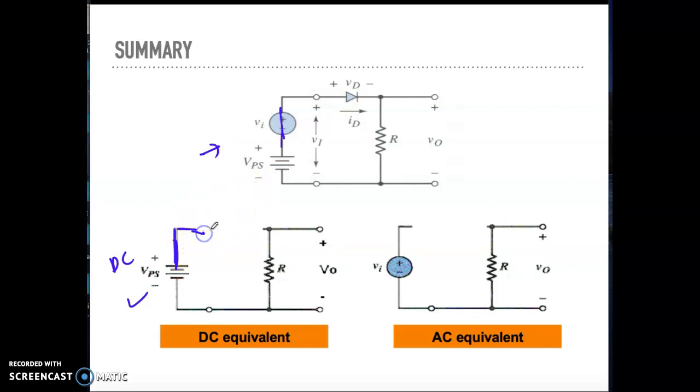If it is PLM1, you replace it with V gamma. If PLM2, V gamma in series with R_F. But for your AC equivalent, you turn off this V_PS and you only have v_i. But at your diode, what you replace it with is what we call r_d. What is r_d? V_t over I_DQ.